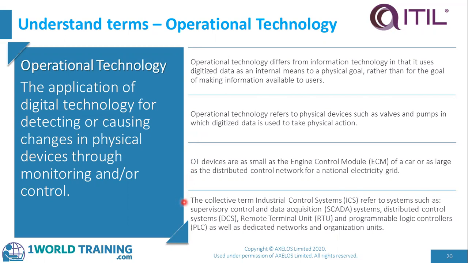The collective industrial control systems refer to systems such as SCADA, supervisory control and data acquisition, distributed control systems, DCS, remote terminal units, RTUs, and programmable logic controllers, PLCs, as well as dedicated networks and organization units. For example, in a steel factory, there may be digital controllers which use operational technology to feed in a certain quantity of raw material for steel production.